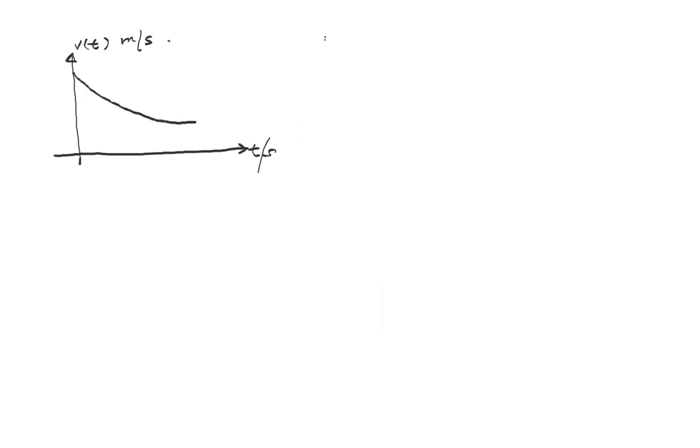And the velocity function is V(t) equal to 2e to the power negative t plus 2. Correct?